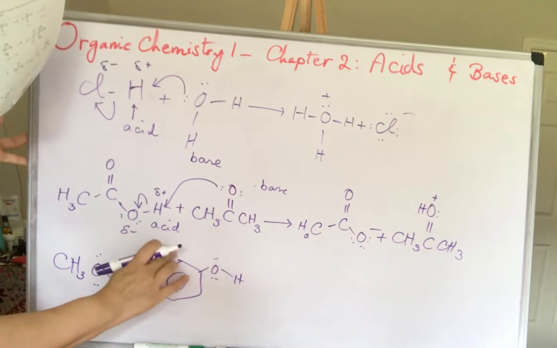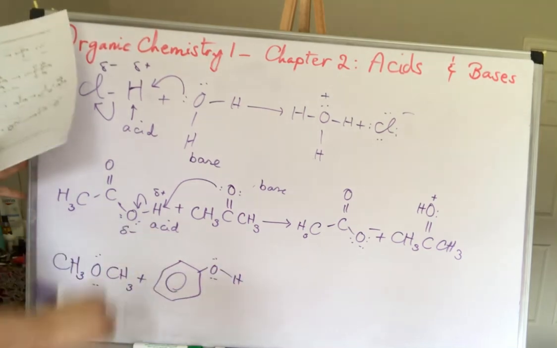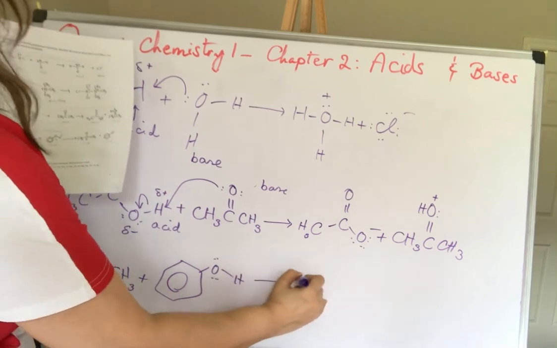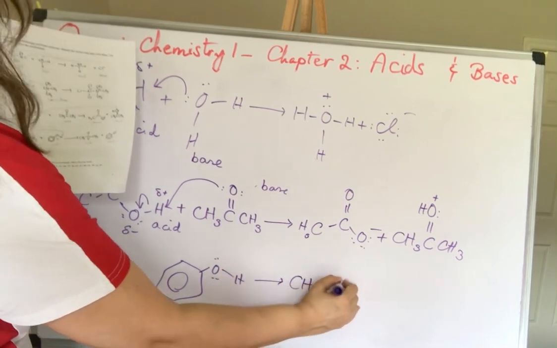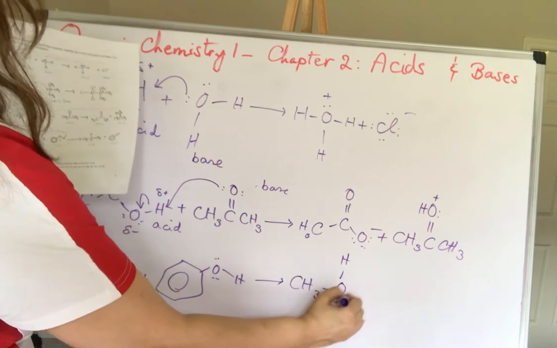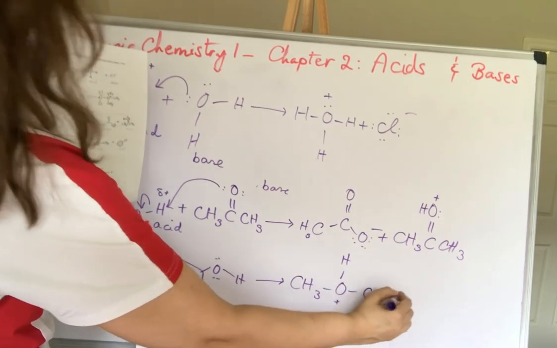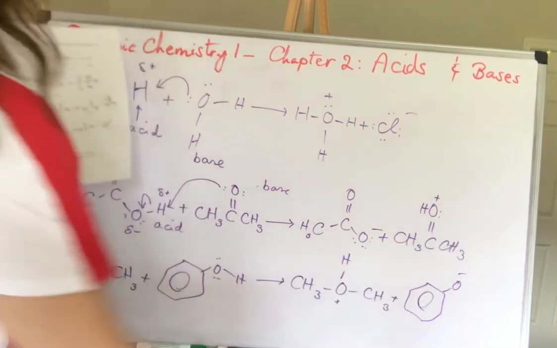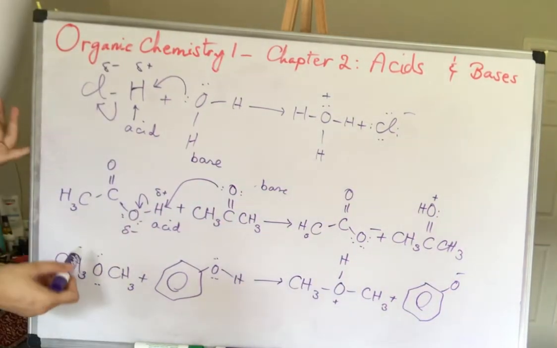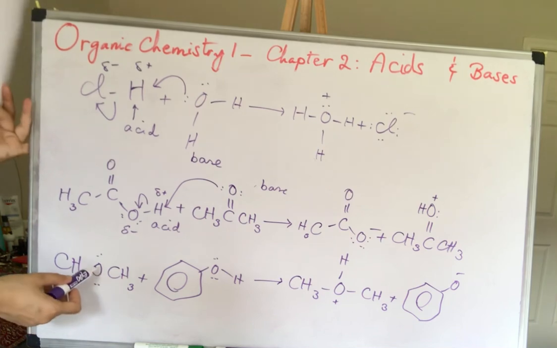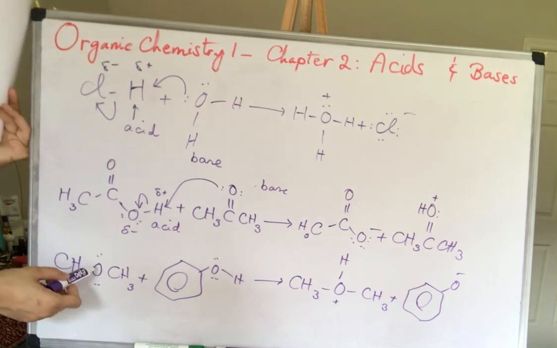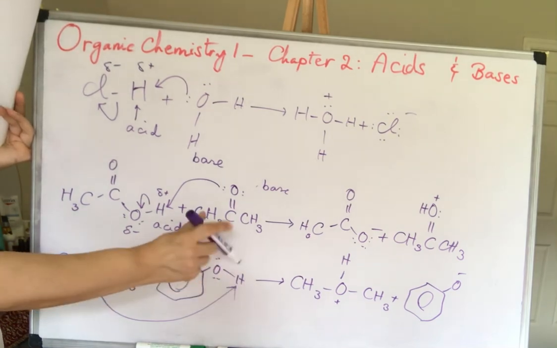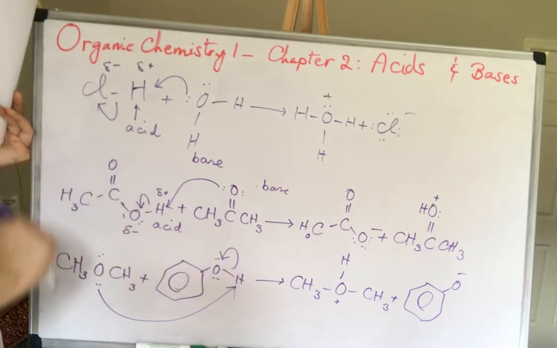Oxygen always has lone pairs of electrons, so even if you don't see them, make sure you put them. So you see, it seems like the hydrogen is added here, so this oxygen has attacked and electrons remain on oxygen.